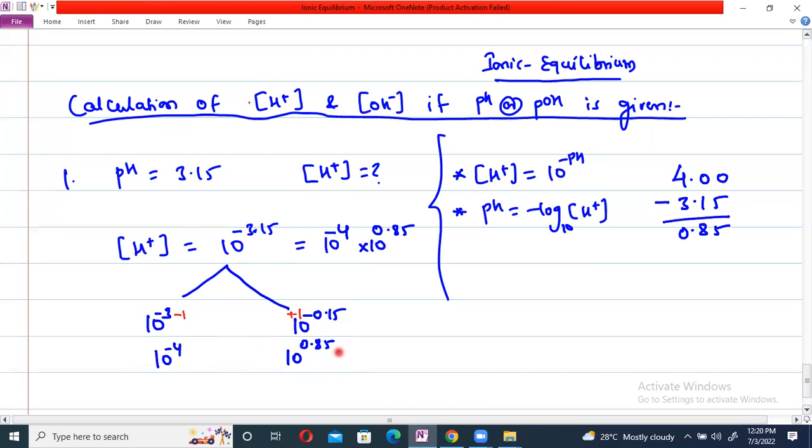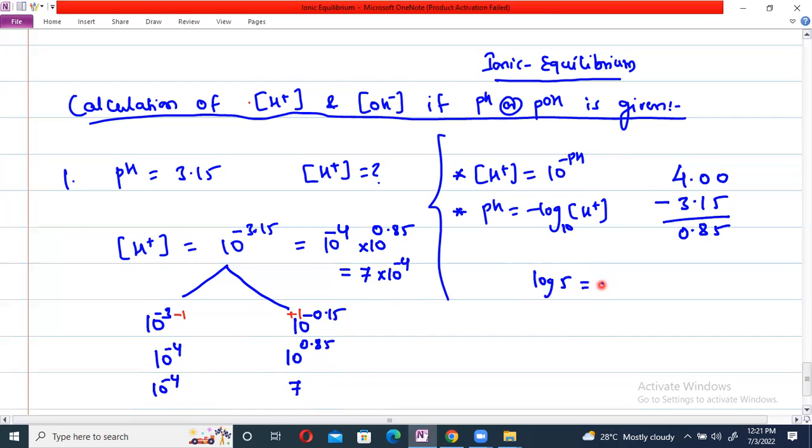But 10 to the power of 0.85, if you solve this value, is equal to 7. And this will become as it is. So the answer, by solving this one, I am getting as 7 into 10 to the power of minus 4. So you may ask, sir, how do you know the value of 10 to the power of 0.85 becomes 7? So come here now.